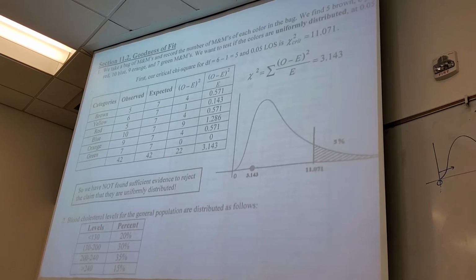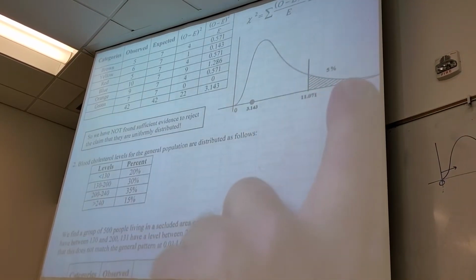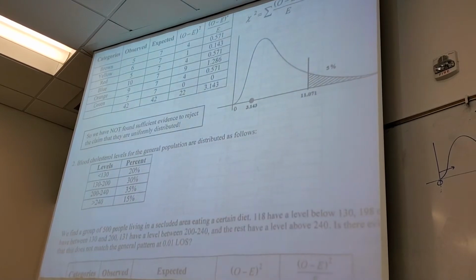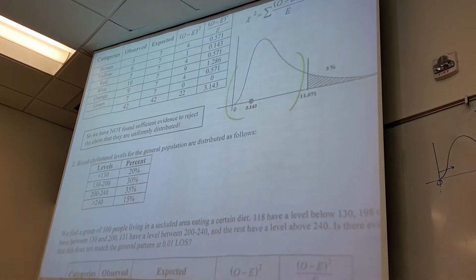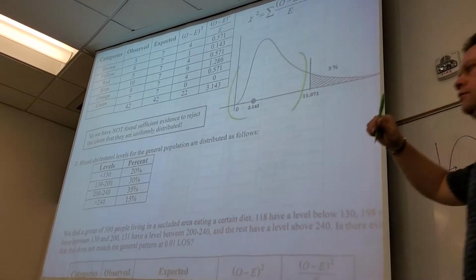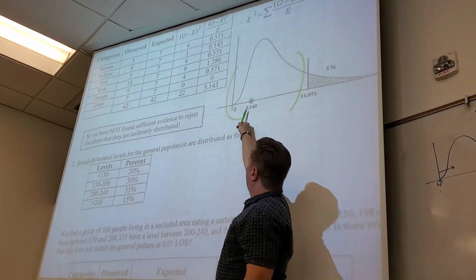And then, since I did not make it in there, what does this region here mean? 0, of course, means that the sample did exactly what I expected.